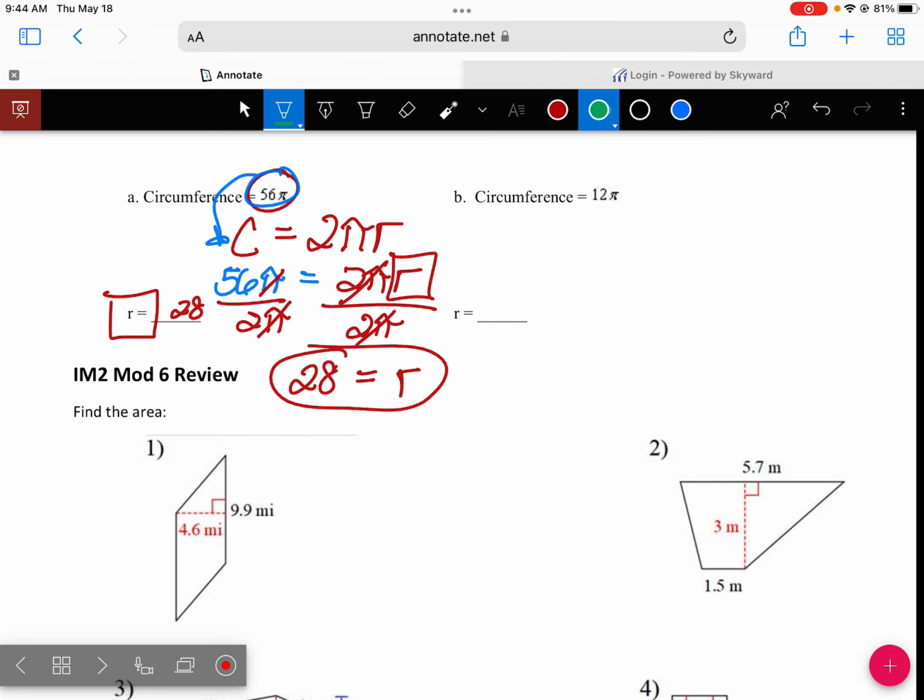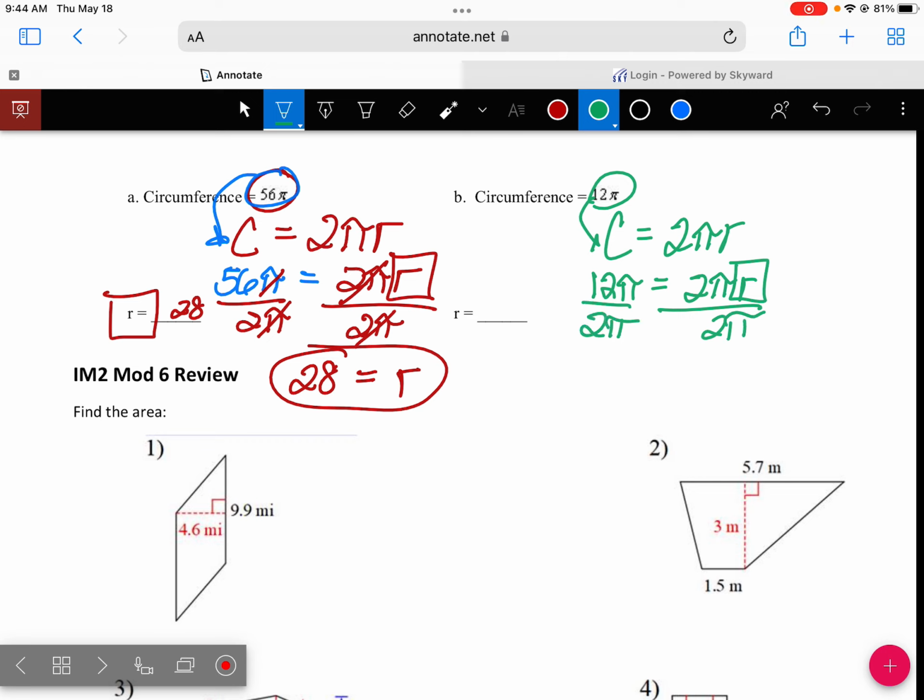Over here, very similar, C equals 2 pi r. Circumference is 12 pi. Make sure you substitute that in for the C. You're solving for r. Divide by 2 pi, divide by 2 pi. Those simplify out. R is equal to 12 divided by 2, which is 6.